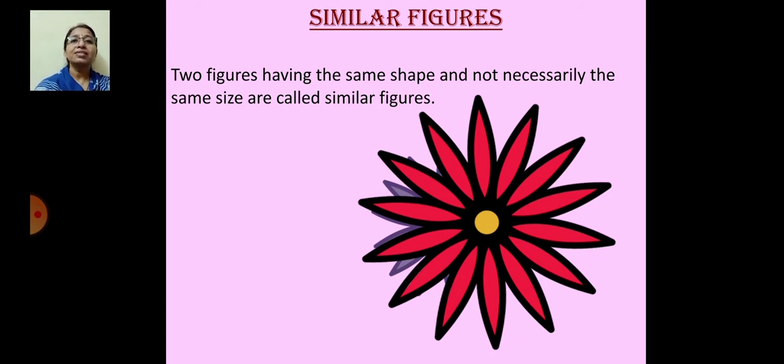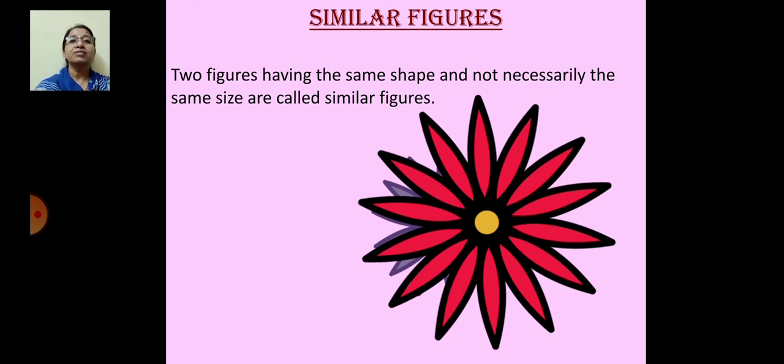We'll see some more examples of similar figures in our daily life. In geography you study the world map, or on the globe we can study the world map. That globe and the actual earth are an example of similar figures.